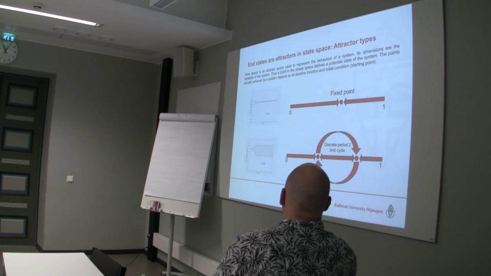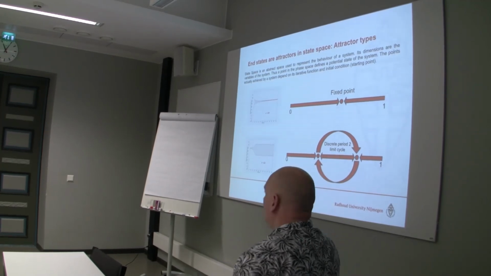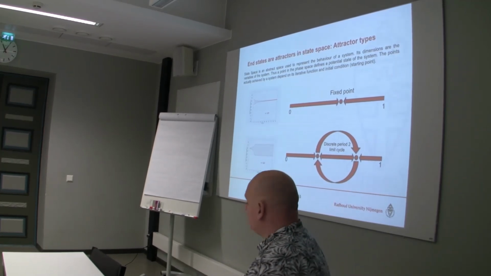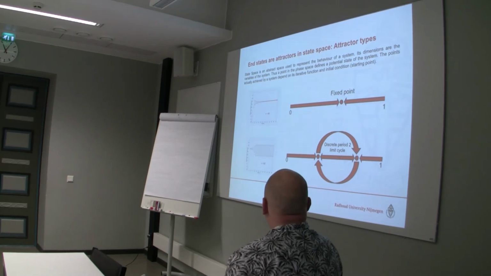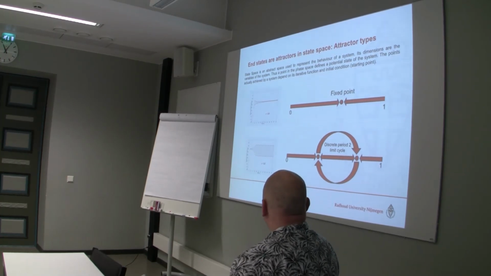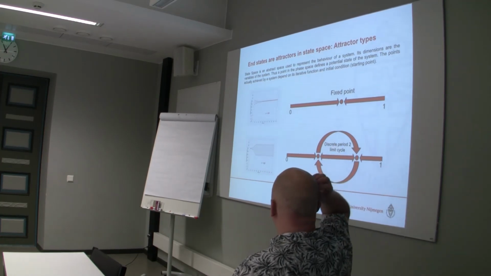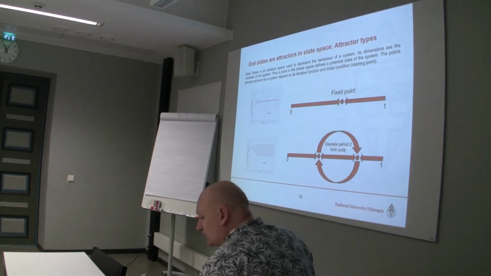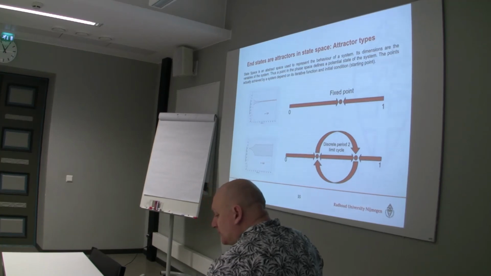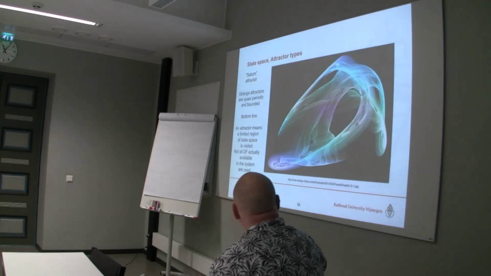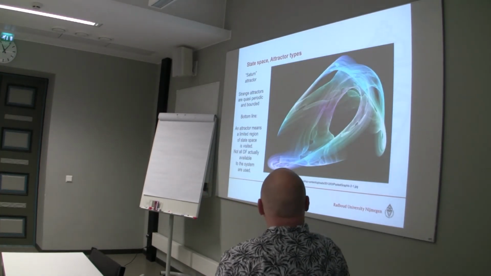Now, we've also seen this behavior, which I called deterministic chaos, which was difficult to describe in terms of periodicity or in terms of going to one value. So those types of attractors we would call strange attractors.